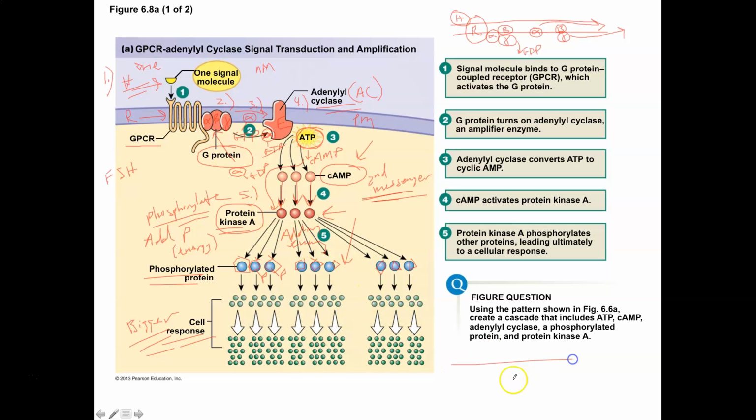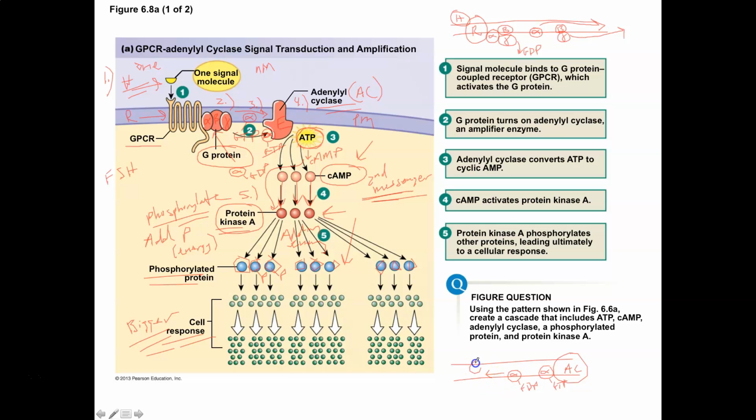So if we were to draw this, it might look something like this, where the alpha subunit with its GTP is attached to the adenylate cyclase. And so what we're doing is we're turning this off by breaking off a phosphate. So the alpha now has GDP attached to it, and it's moving its way back through the plasma membrane.